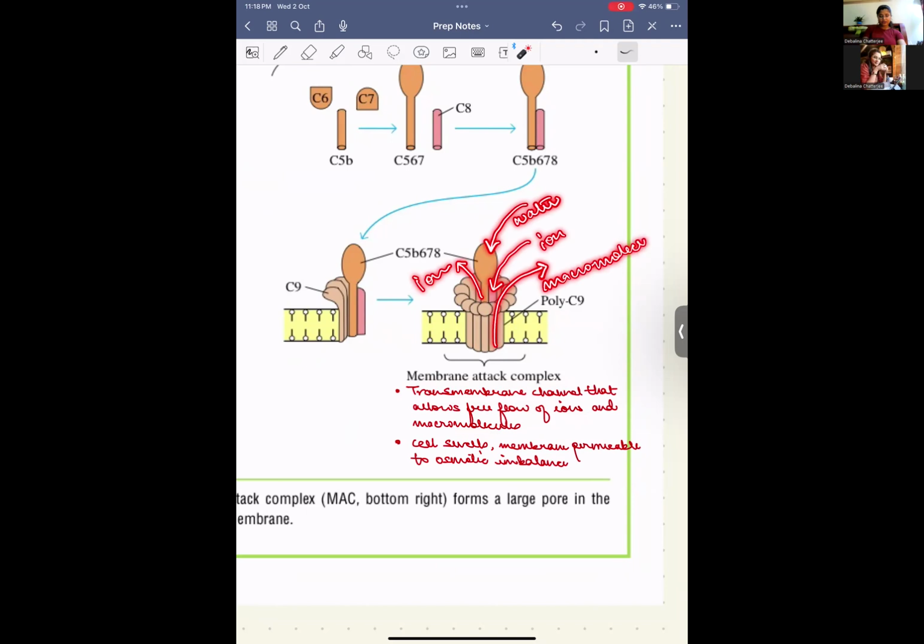Eventually, as a consequence of all of this, the entire osmotic balance of the cell, or the energy reserves of the cell, are compromised, and that's how the cell is triggered for lysis.